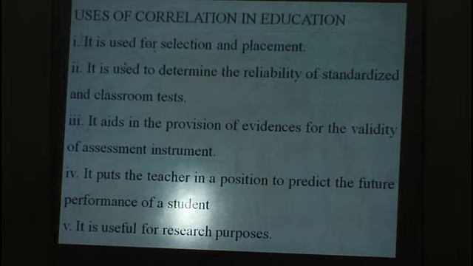So if you know that a student does well in mathematics, you can boldly say that in the next test he or she is likely to do well, and as such the marks recorded in the second test will be consistent with those in the first test.